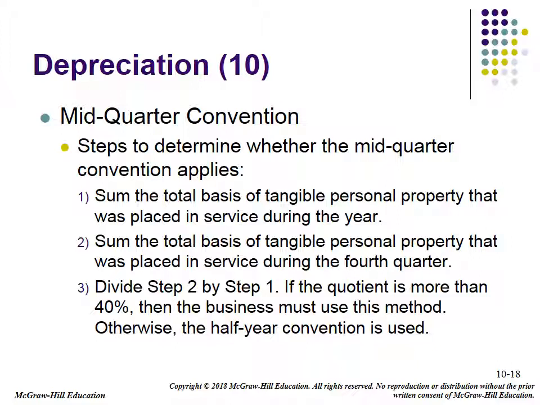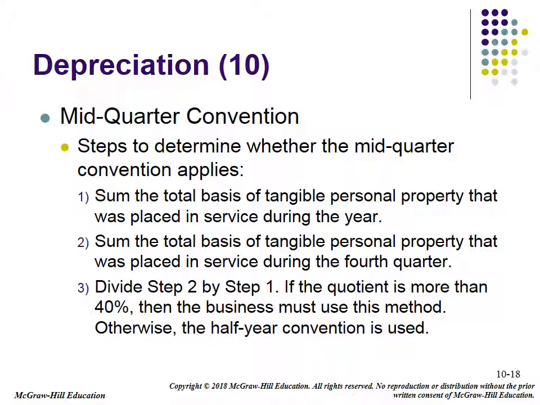Well, if you're savvy and you can wait, you'll probably wait till December of each year to buy the assets. Why? You'll get a month of use out of them, but 6 months of depreciation. To stop that from occurring, to stop companies from buying everything in the latter part of the year, Congress came up with what's called the mid-quarter convention.